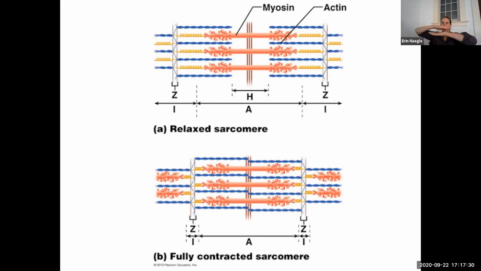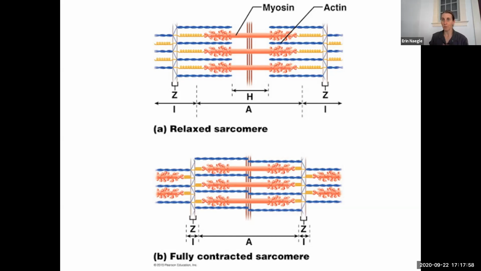They have to start overlapped if the myosin's actually gonna grab the actin and make it shorten. So they've got to start overlapped. And then as the myosin pulls the actin, it's going to get shorter, and then those actins start to get to the end line, and sometimes they actually overlap each other.